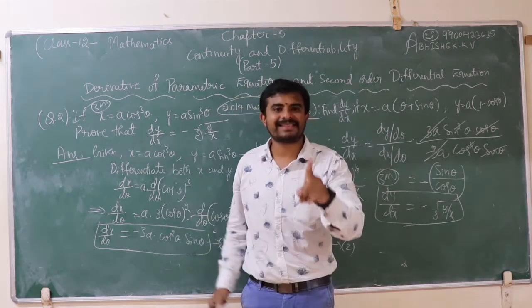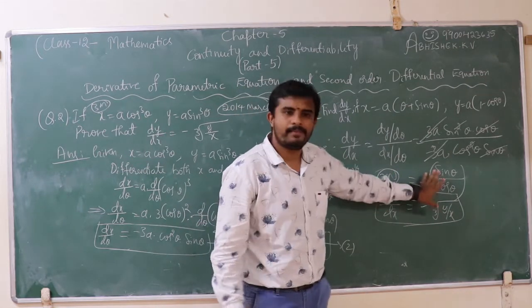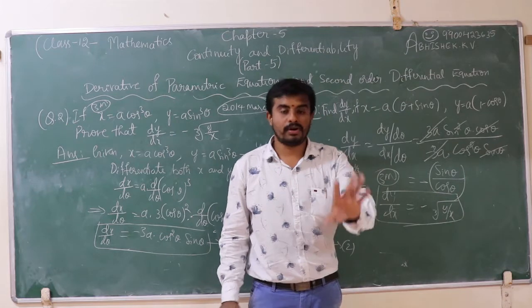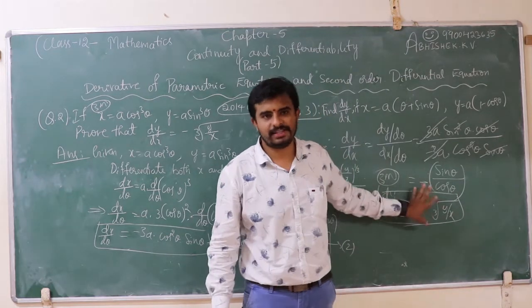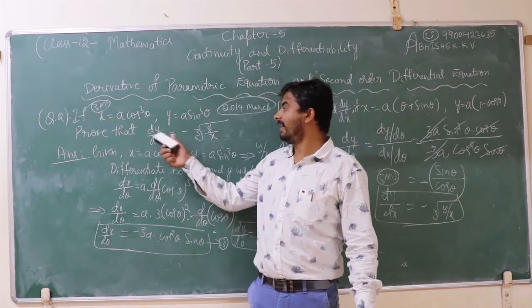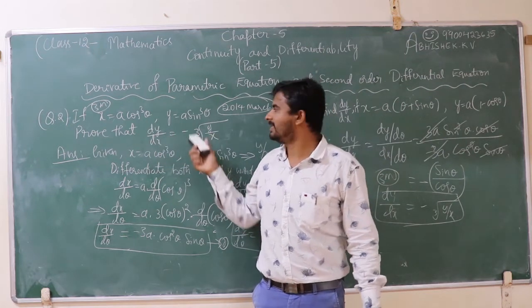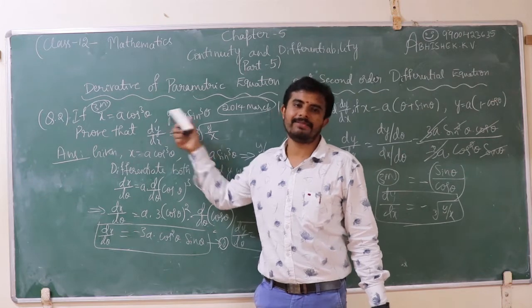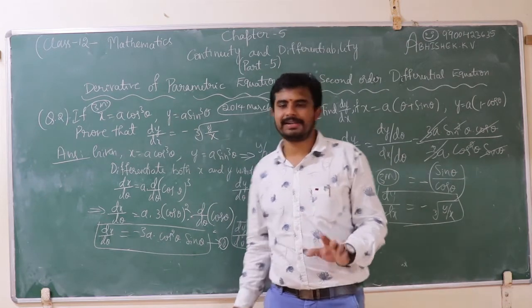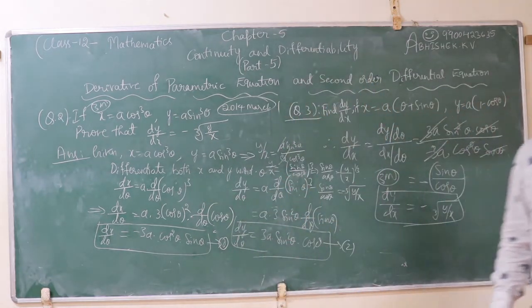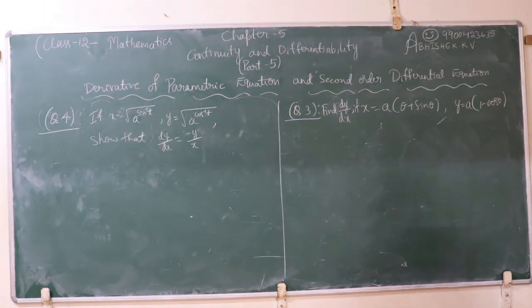If the examiner asks to find dy by dx, then minus tan theta is enough for the final result. But they ask to prove dy by dx is equal to minus cube root of y by x. So this is by manipulating the given equation. I hope you are getting this. Yes, please note down. Let us move on to the next problem.